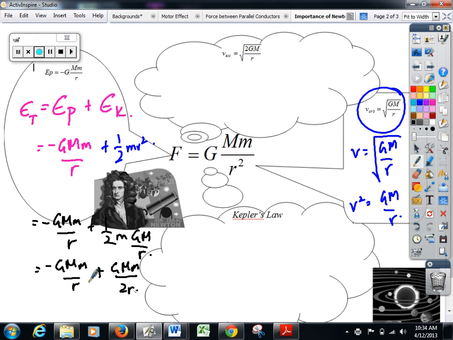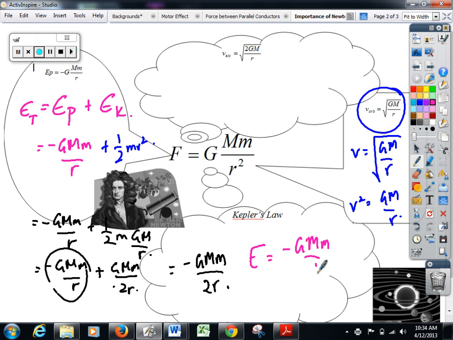This number here is double that number there, and just by subtracting, you get minus GMm on 2r, because this one here is half that value being negative. So the total energy that a satellite has at any point is equal to minus GMm on 2r.